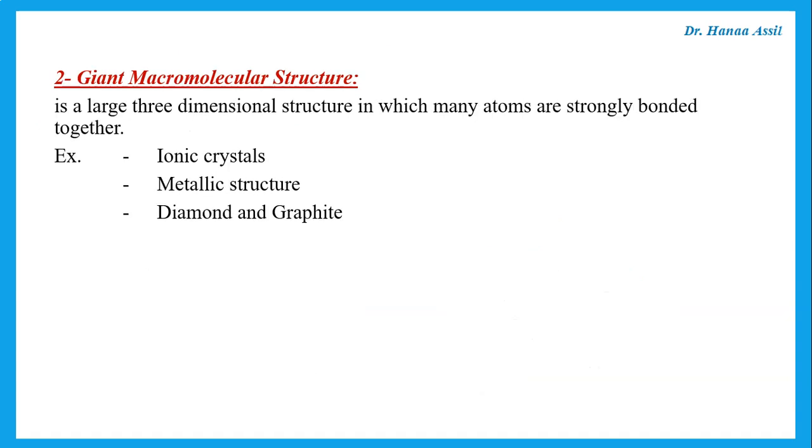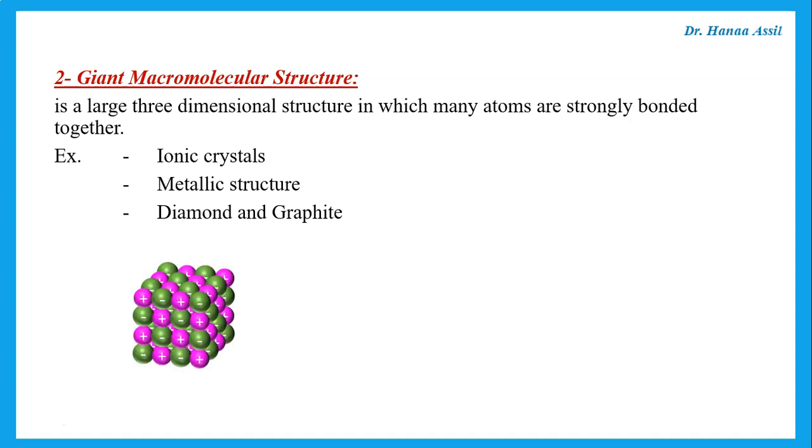But giant macromolecular structures like ionic compounds or metallic structures, so all metals are giant, or diamond and graphite. So the ionic crystals have many positive, negative ions in a giant 3-dimensional structure, which we call a crystal lattice.